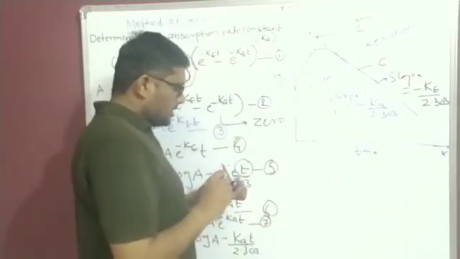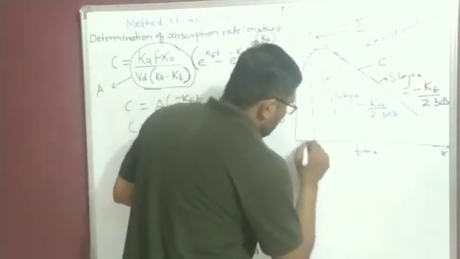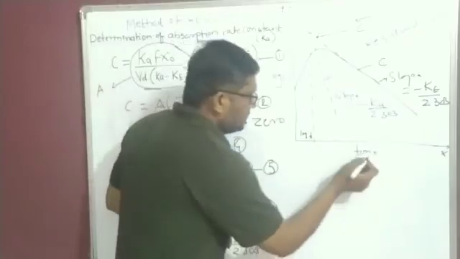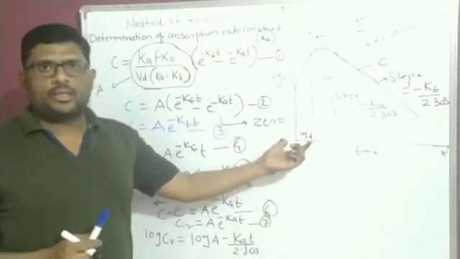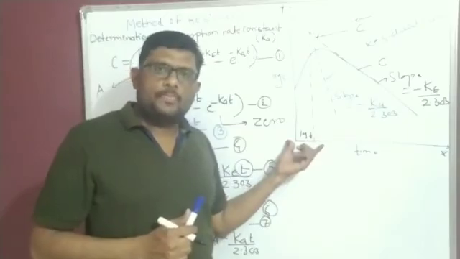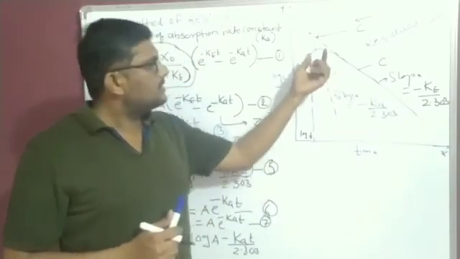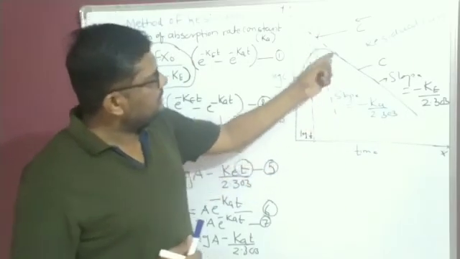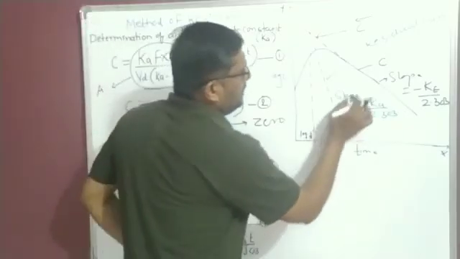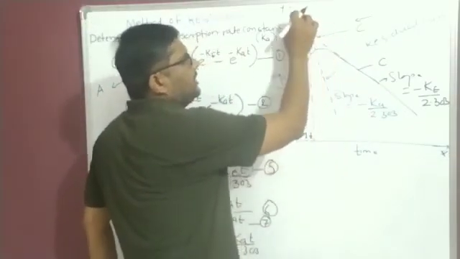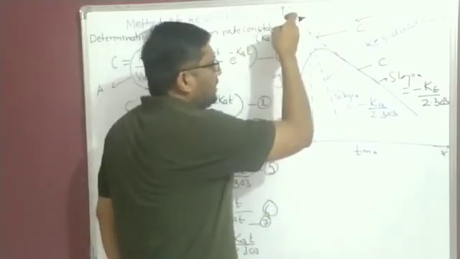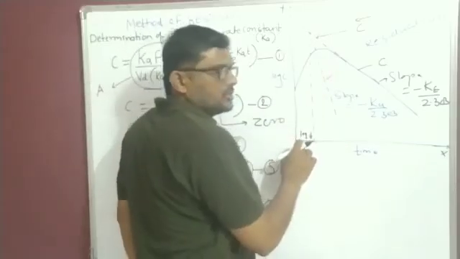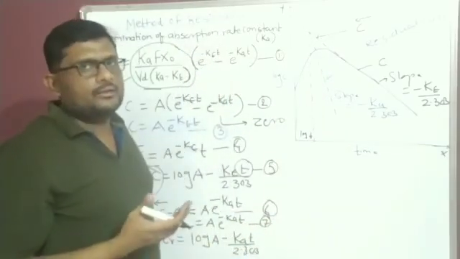Now in this case, we get a straight line which intercepts the x-axis. This is log time. When the residual line and the back extrapolated line are extended and intercept the y-axis at t = 0, there is no lag time.